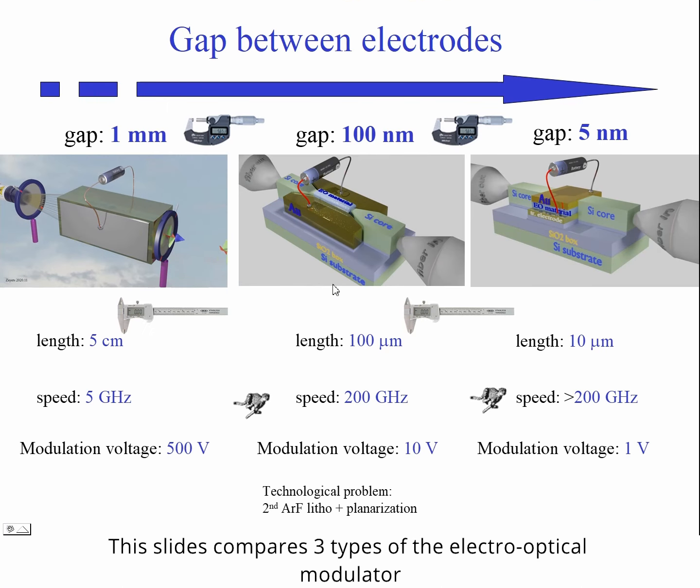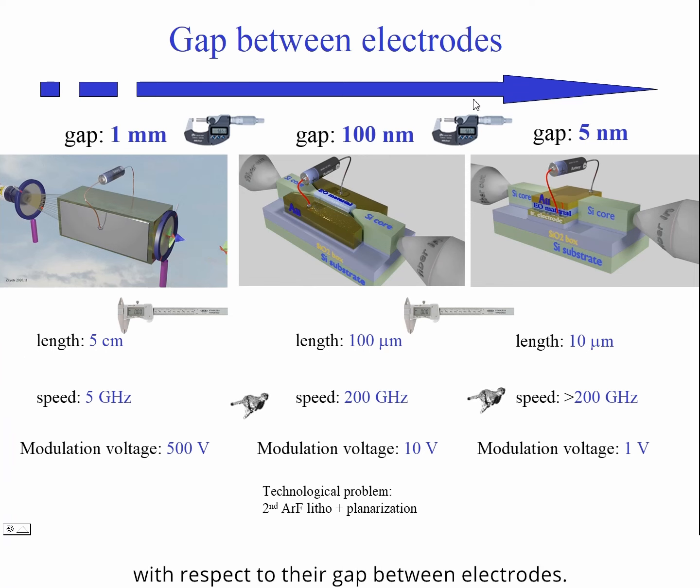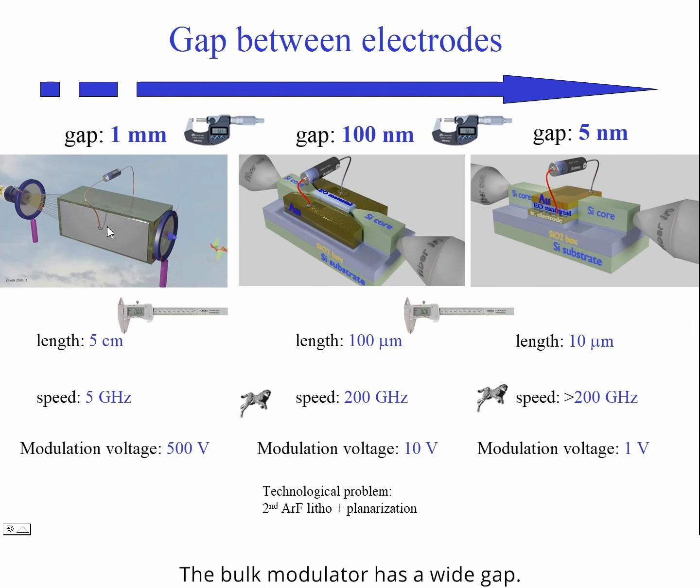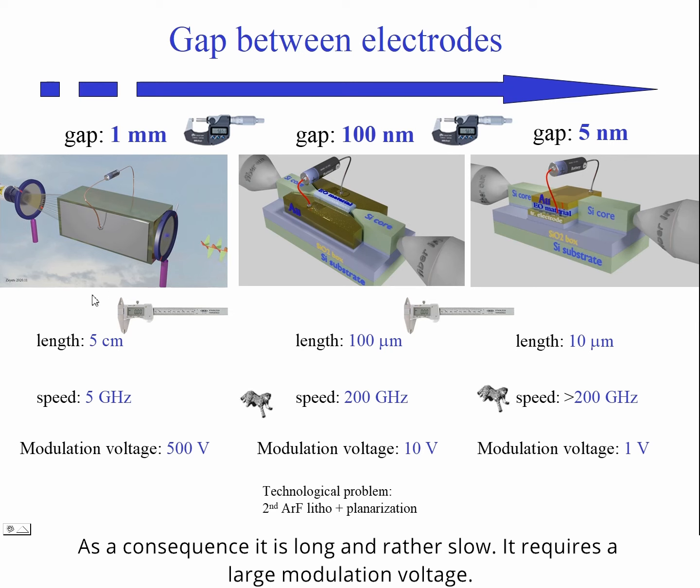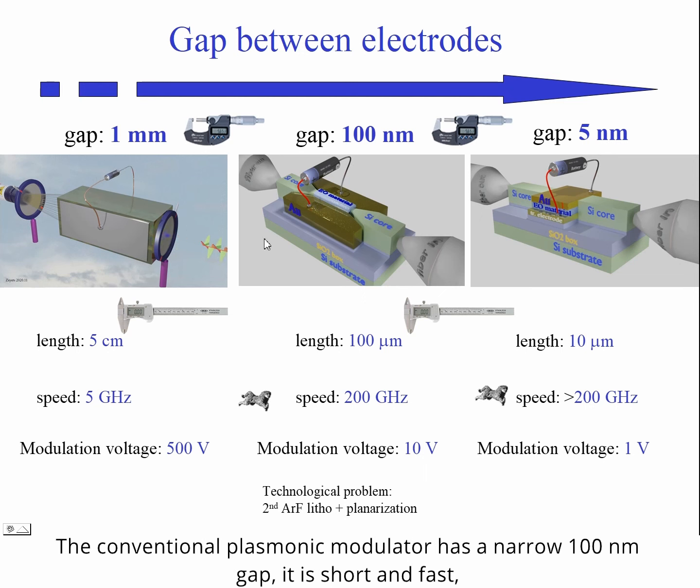This slide compares three types of electro-optical modulator with respect to the gap between electrodes. The bulk modulator has a wide gap. As a consequence, it is long and rather slow. It requires large modulation voltage. The conventional plasmonic modulator has a narrow 100 nanometer gap.